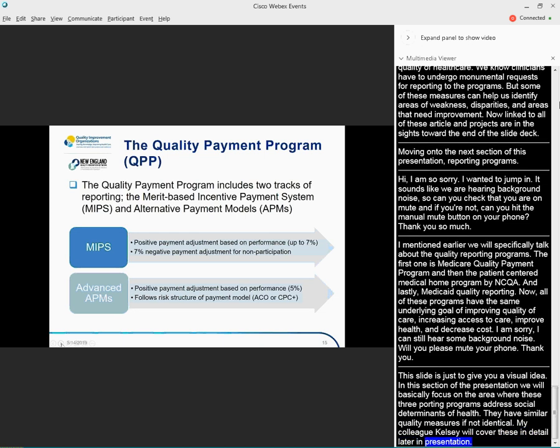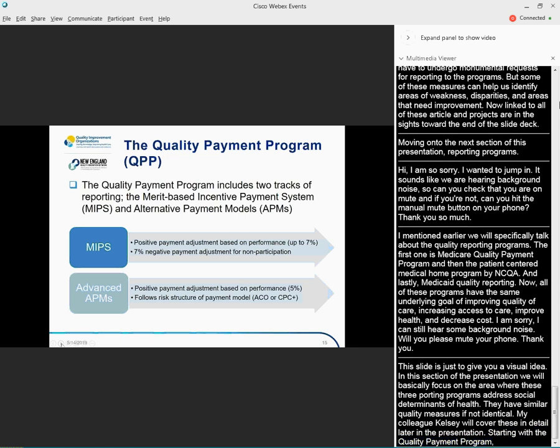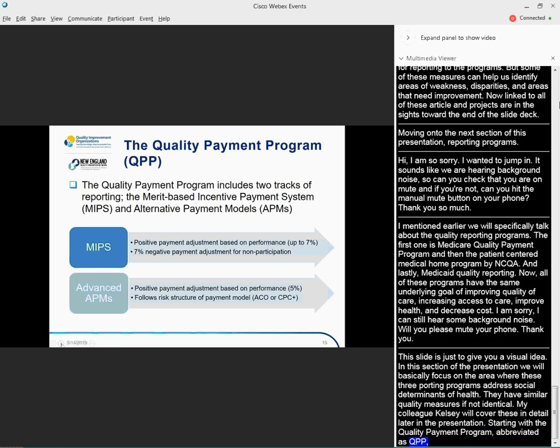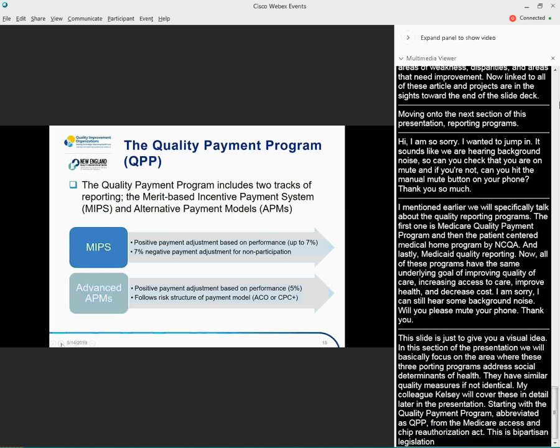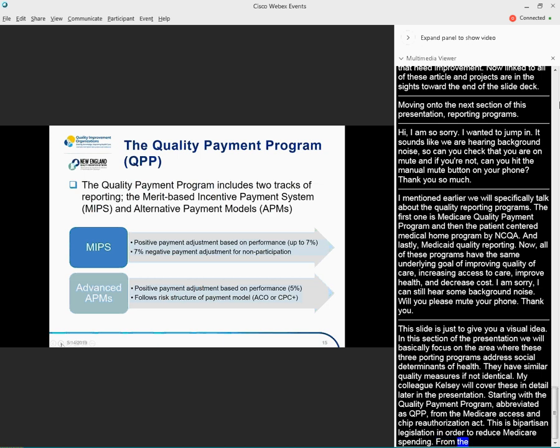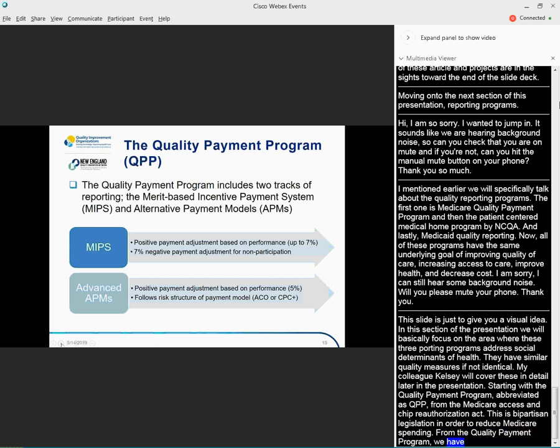Starting with the Quality Payment Program, abbreviated as QPP, it comes from the MACRA legislation, that is Medicare Access and CHIP Reauthorization Act. And this is a bipartisan legislation that repeals the flawed SGR, Sustainable Growth Rate, in an effort to reduce Medicare spending. And from the Quality Payment Program, we have two types: MIPS, that is Merit-Based Incentive Payment System, and APM, Alternative Payment Model.